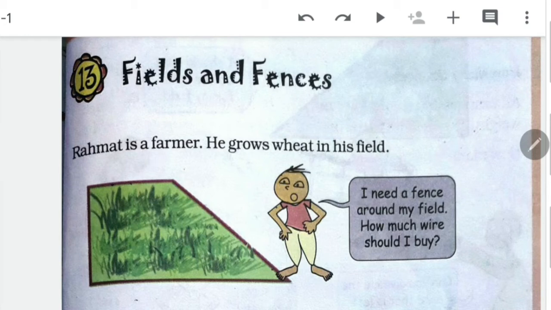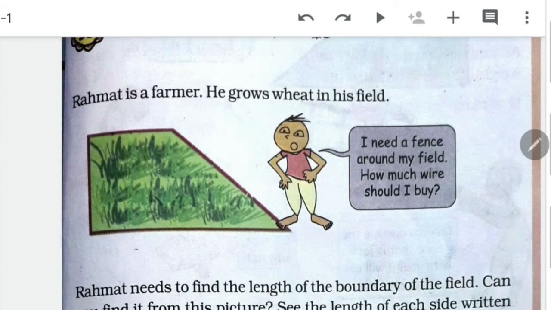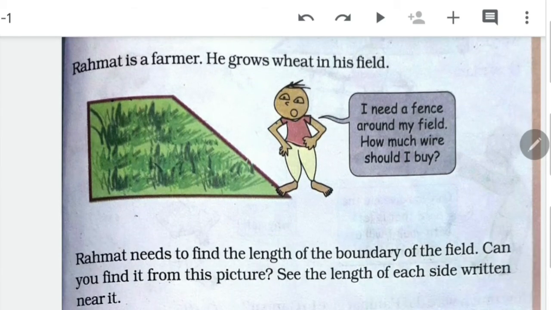So let's start from the first page of this chapter, where there is a story of a farmer named Rahmat. Rahmat is a farmer. He grows wheat in his field. Now he is thinking that he needs a fence around his field.